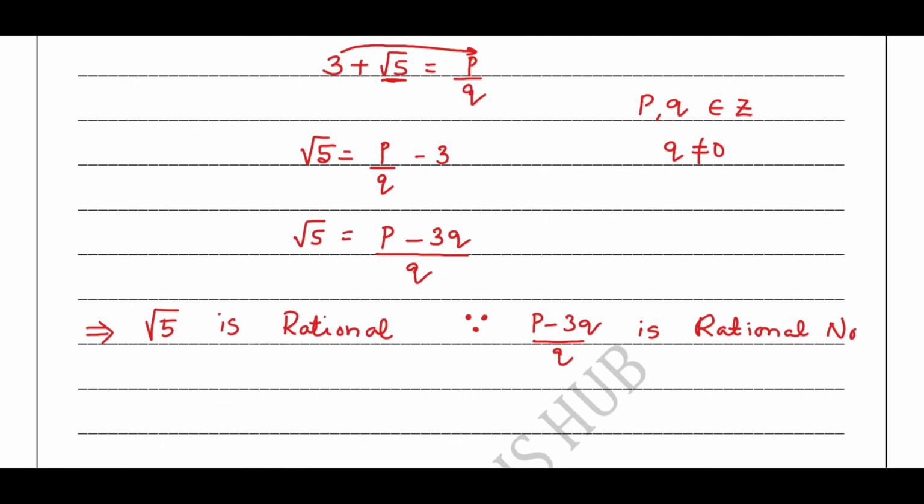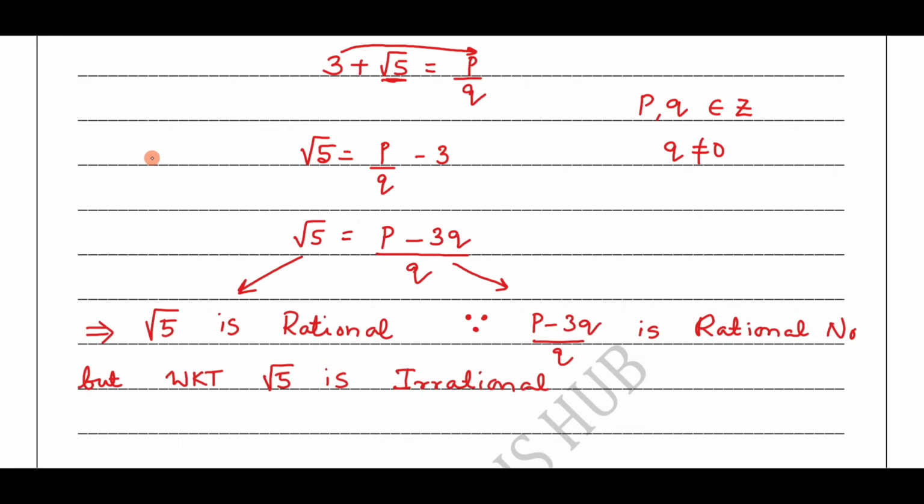So here root 5 is rational because P minus 3Q by Q is rational. But what? But we know that root 5 is irrational. We know that it is irrational. But what we are getting is root 5 is rational because P minus 3Q by Q is rational.